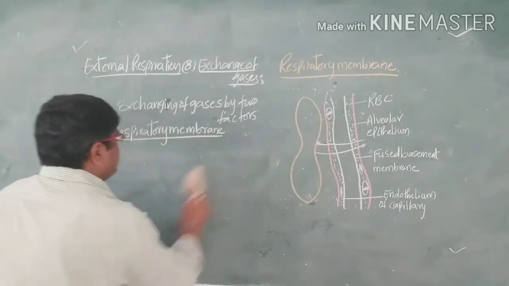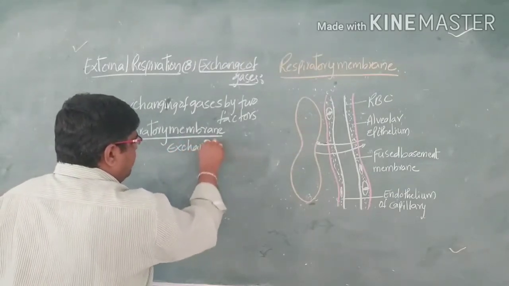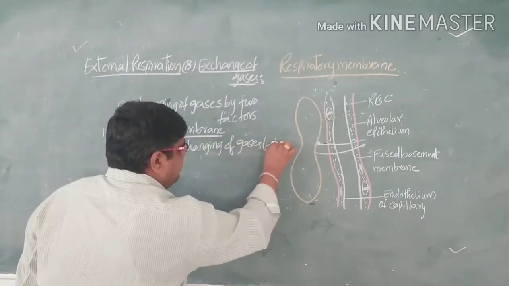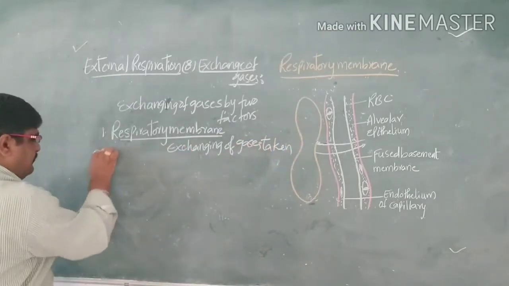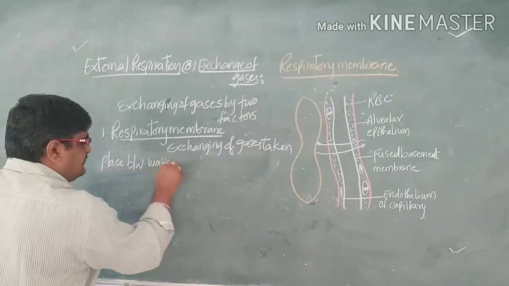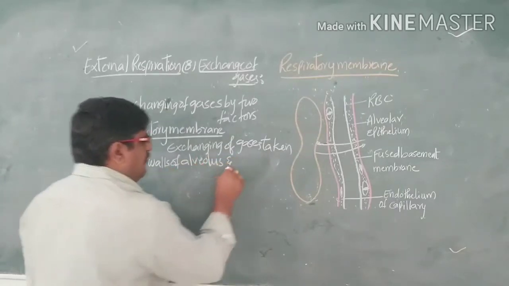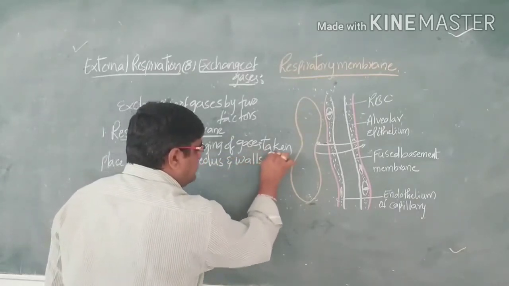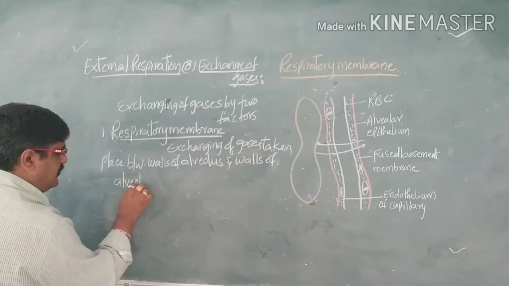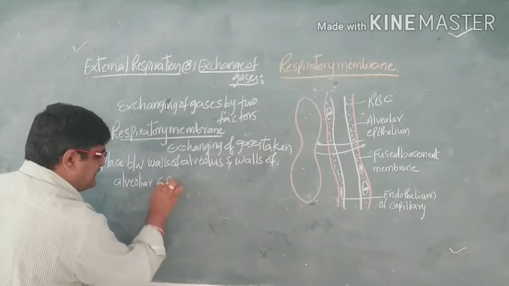First, the respiratory membrane. The exchanging of gases takes place between the walls of the alveolus and the walls of the alveolar capillaries.